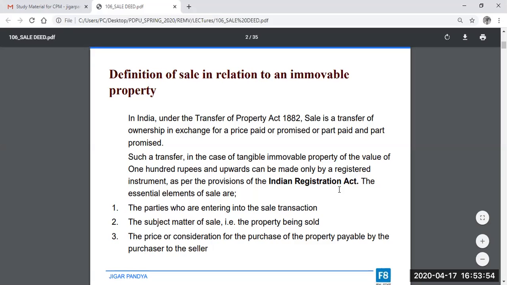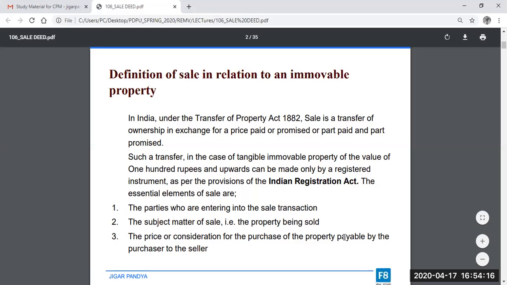And the essential elements of the sale are: first, the parties who are entering into the sale transaction, the subject matter of the sale, that is the property being sold, and the price or consideration for the property payable by the purchaser to the seller.